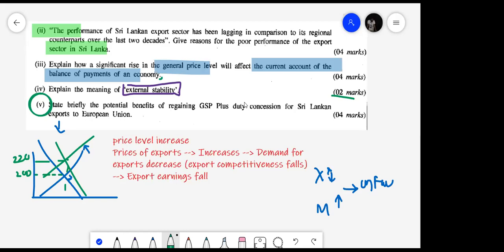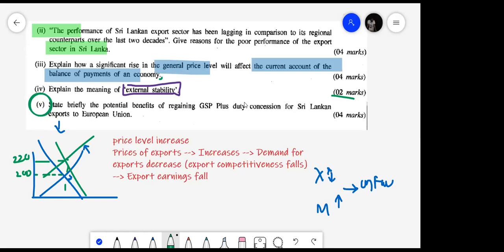Whatever we export is not taxed, so our exports are cheap. Anyone in the European Union buying Sri Lankan goods finds them cheap because they're not being taxed, or sometimes taxed less. There is a duty concession.